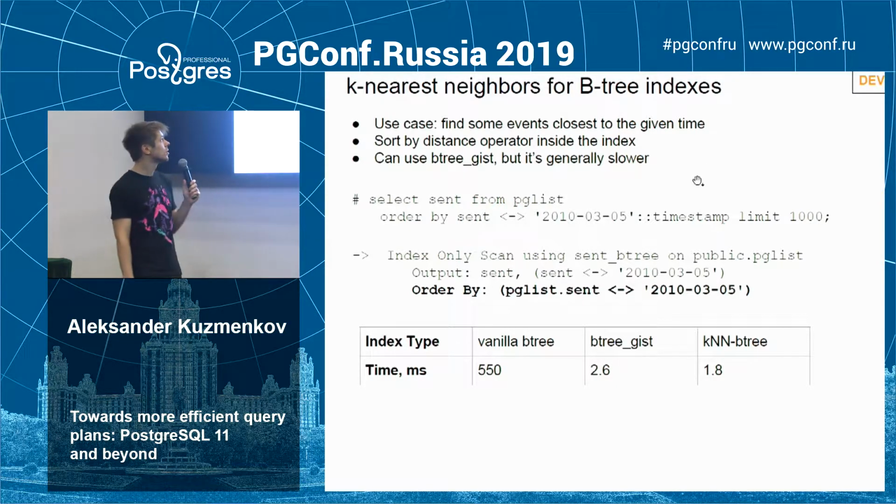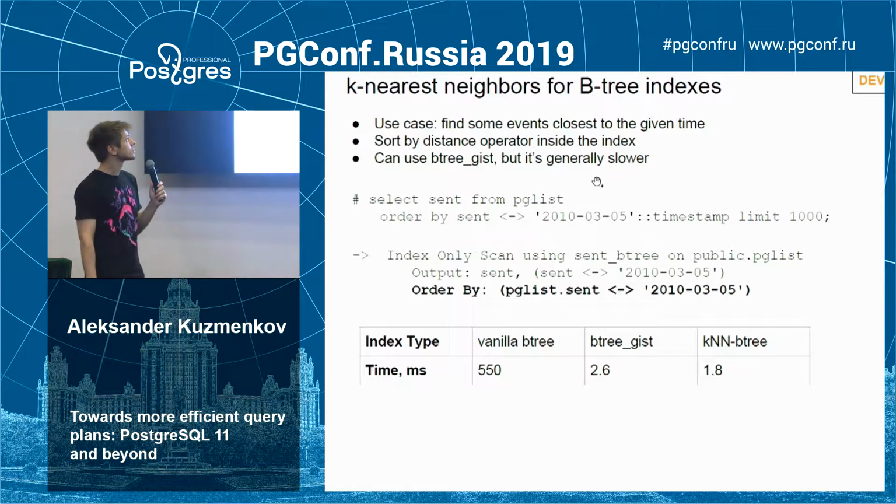You can install it, but actually it takes more time to process. It takes more time to update as compared to the B-tree index. Therefore, we have a patch that actually implements this feature for the B-tree index.